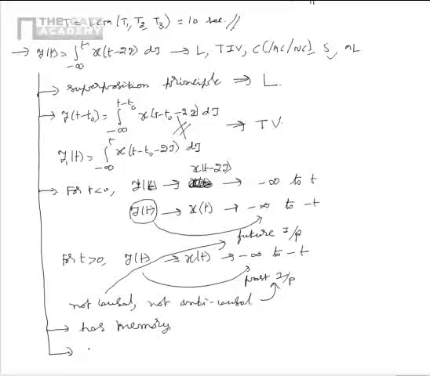Now, to check the BIBO stability of the system, let us assume that the input to the system is bounded, that is, mod of x of t less than or equal to Bx, where Bx is finite.